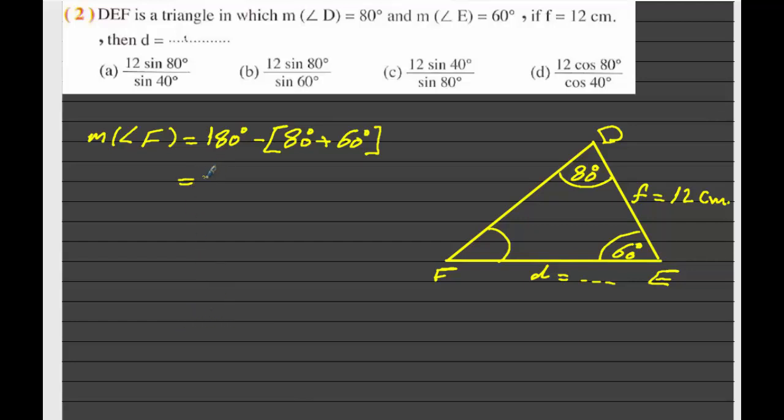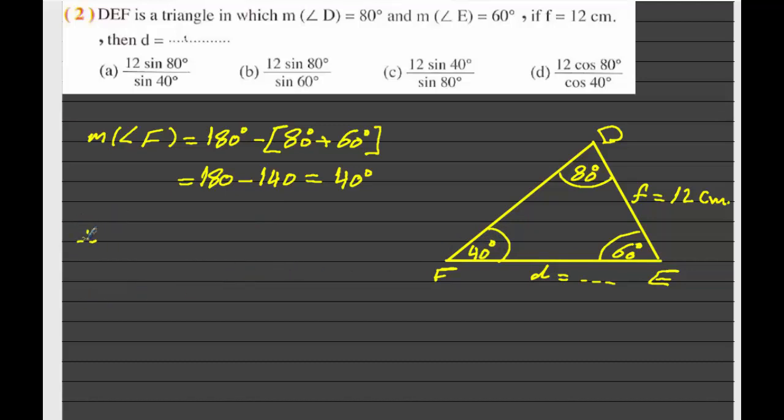So it equals 180 minus 140, which equals 40 degrees.